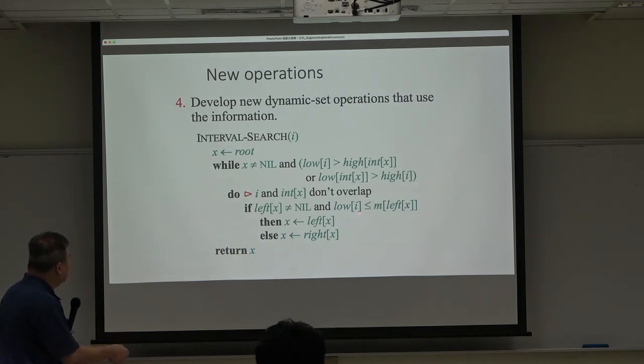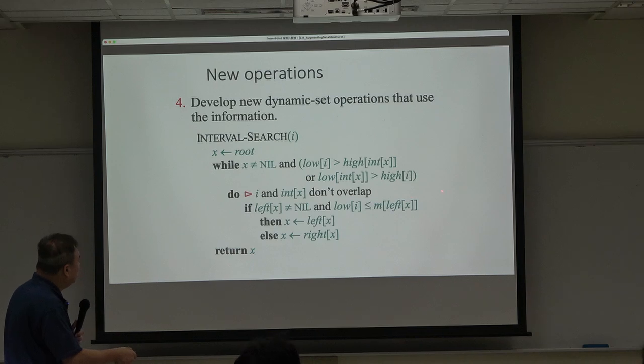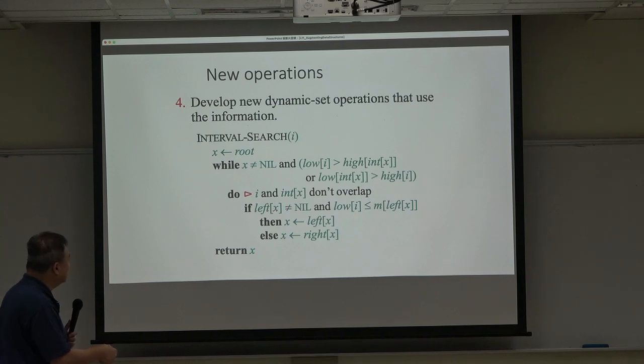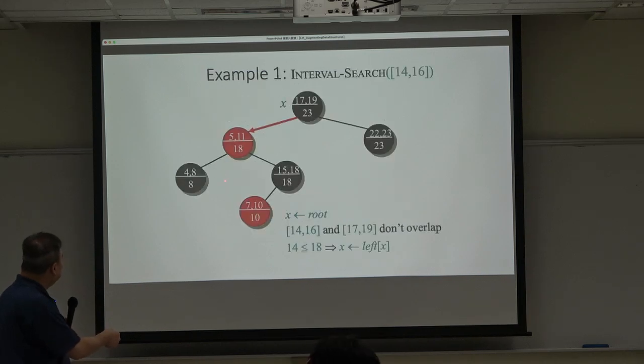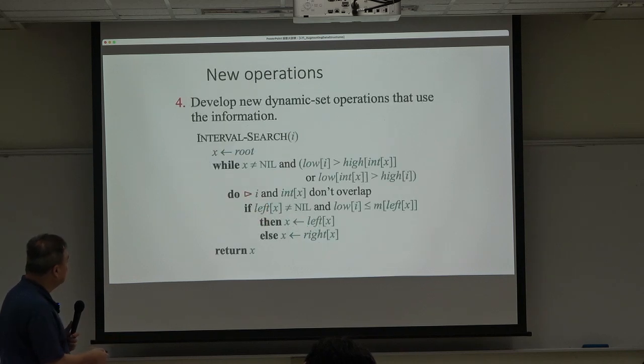We check m left x, because left x is not nil, obviously. M left x is this one, 18. 18 is larger than 14, 16, right? 18 is larger than 14, 16.